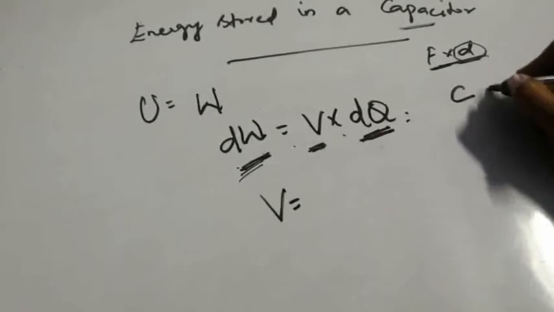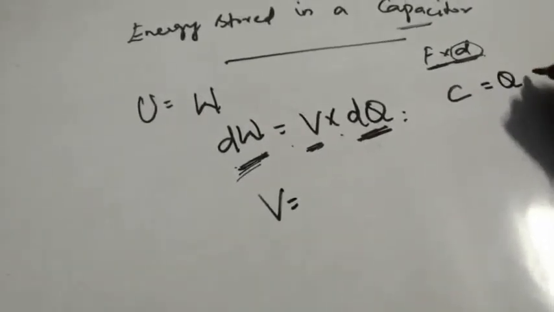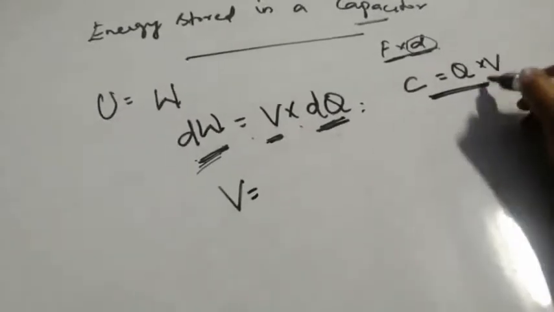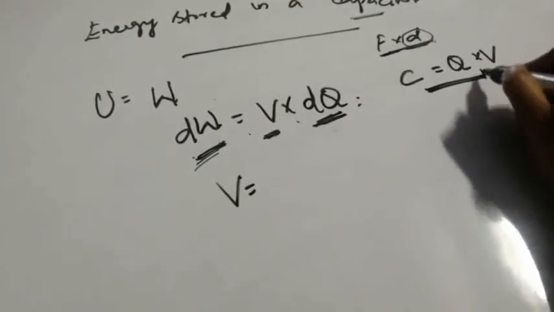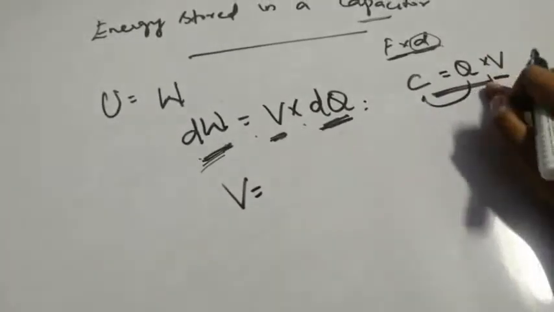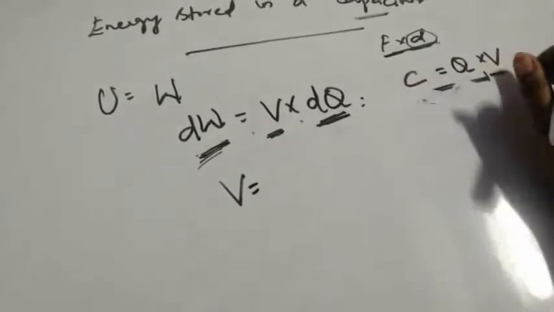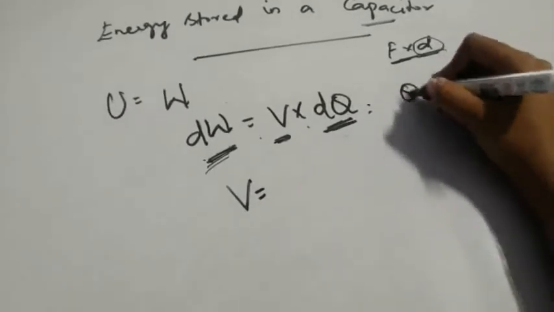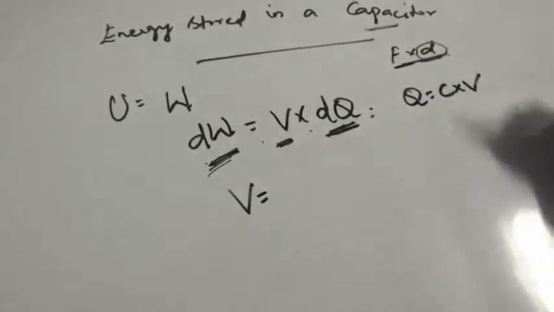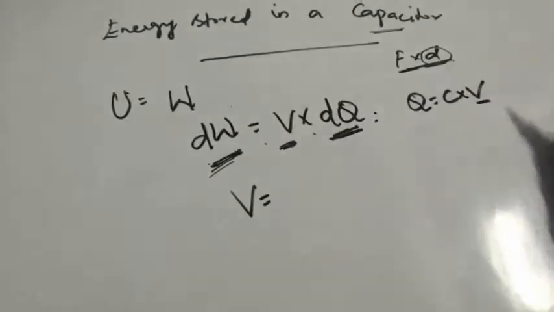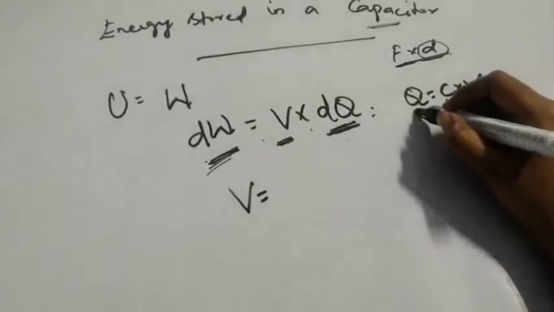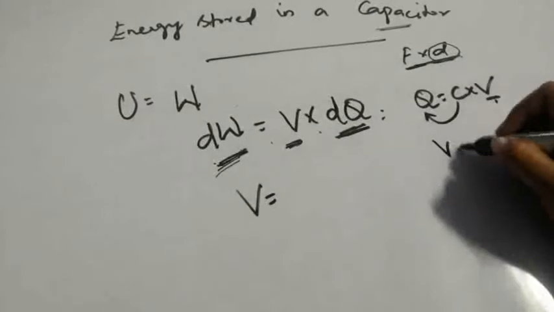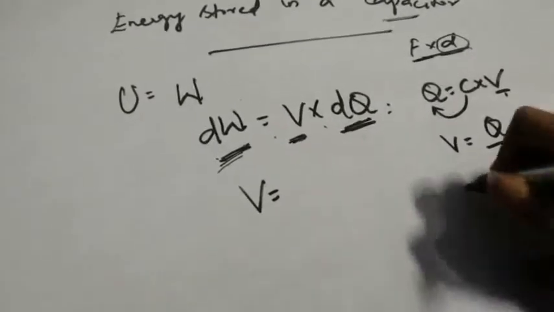Capacitance C is equal to Q by V. From this equation, Q is equal to C into V. Keep the V as such and bring the C to the other side to get the value of V. So V is equal to Q by C.